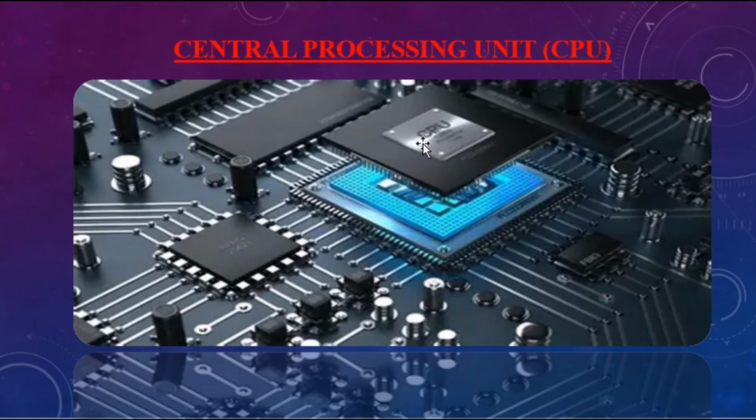The CPU controls and coordinates operations of a computer system based on the instructions given to it. As seen in the diagram, the CPU is carefully placed in its socket in the motherboard, and it's very protected.